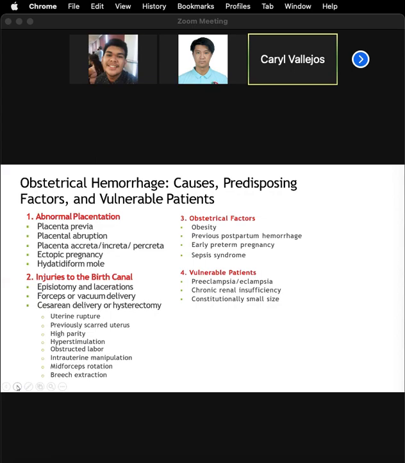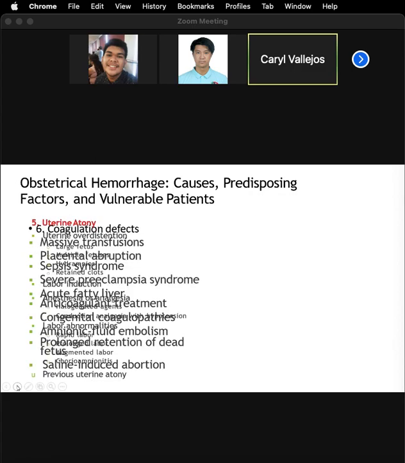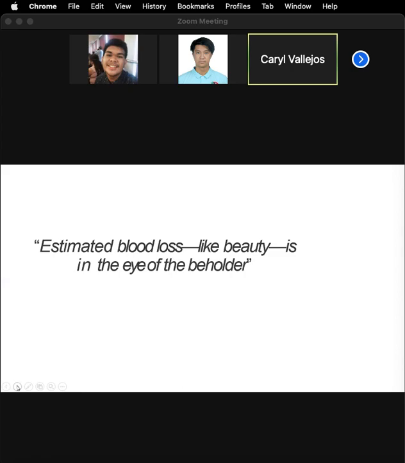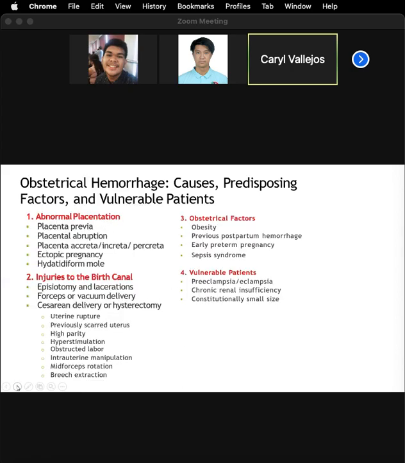So these are the causes or predisposing factors: abnormal placentation, injuries to the birth canal, obstetrical factors, and vulnerable patients, including uterine atony. For abnormal placentation, we have placenta previa, abruptio placenta, placenta accreta, ectopic pregnancy, and hydatidiform mole.